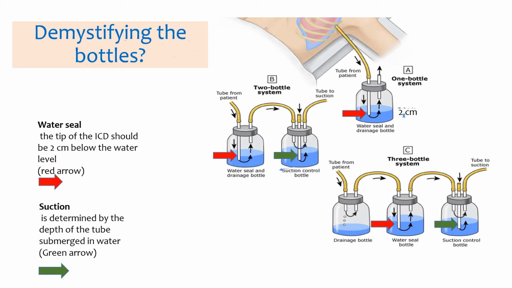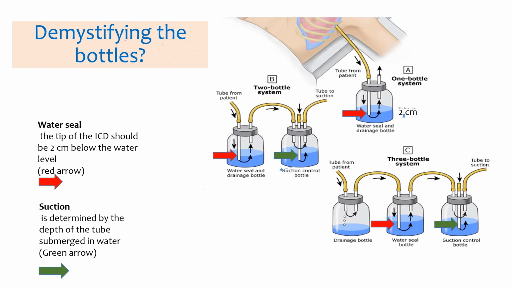So the green arrow is showing the depth of that tube, and that is the amount of suction that is being applied, and this is open to the atmosphere, and you can see suction is being applied to the wall suction. So that is how you apply suction to a patient which needs only drainage of air.